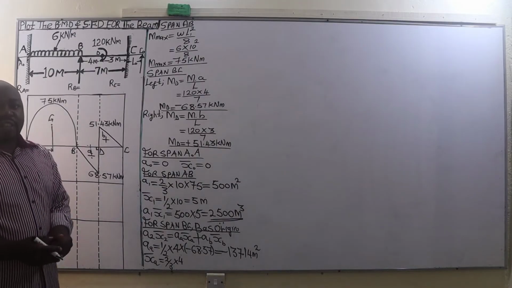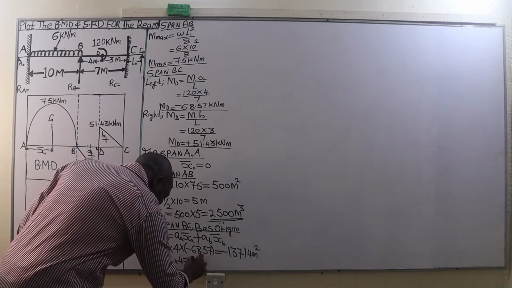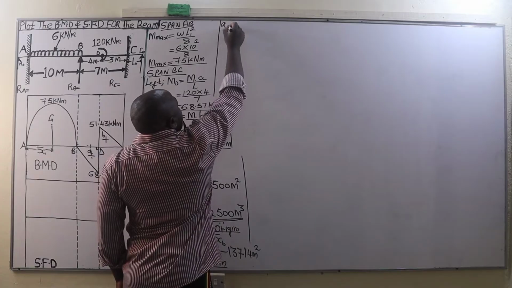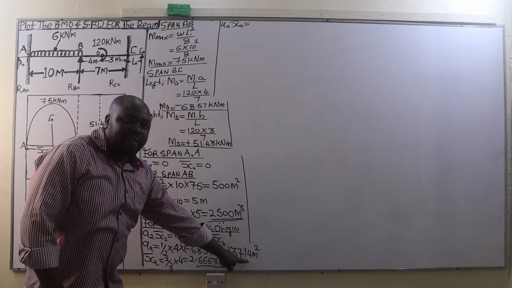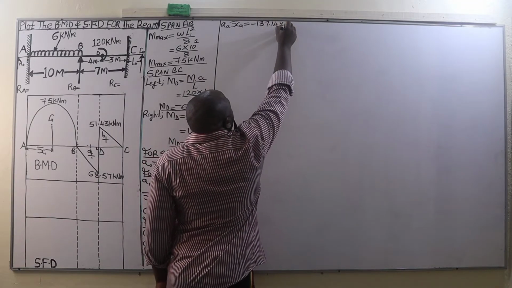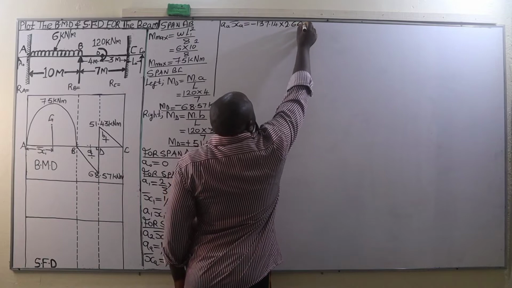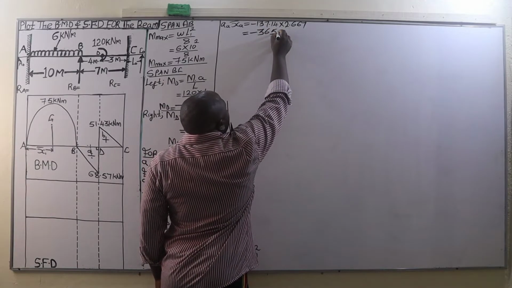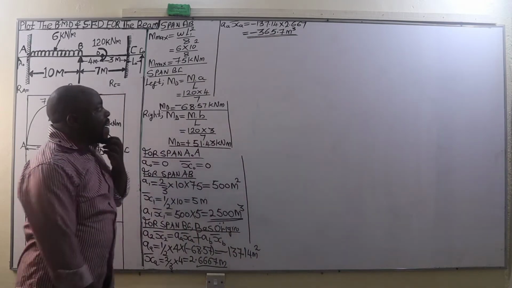And 2/3 of 4 happens to be 8 divided by 3, which is 2.667 meters. AA multiplied by bar XA will be negative 137.14 multiplied by 2.667 meters, which is going to be negative 365.7 meters raised to the power of 3. So that is the value of AA bar XA.